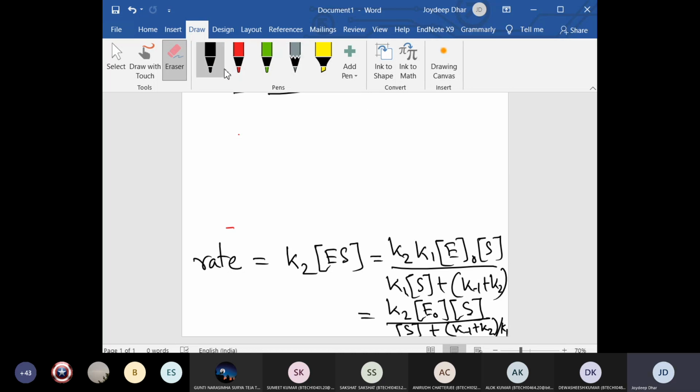So this right hand side term, these three things together, is known as Michaelis-Menten. It may be different according to different books.